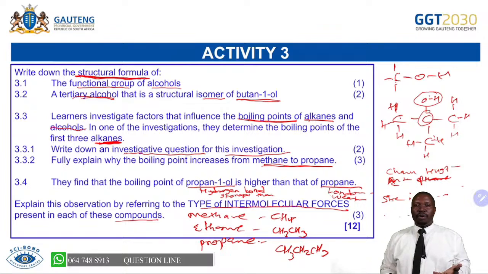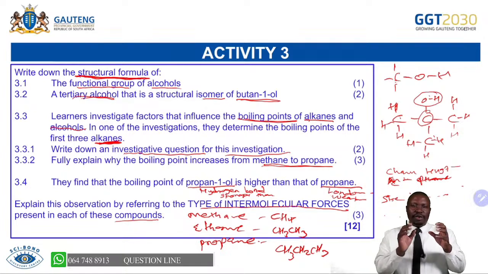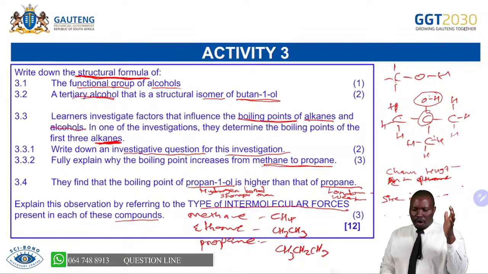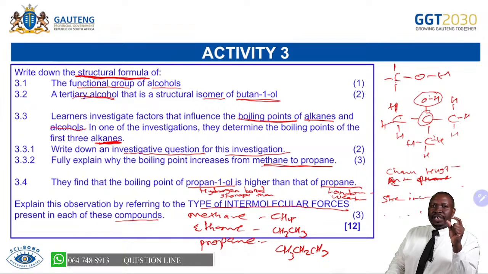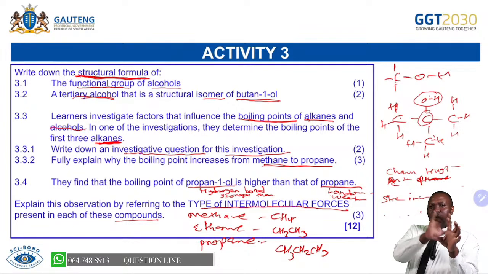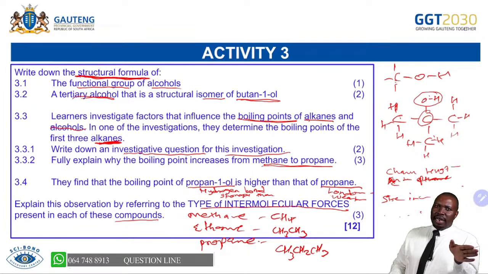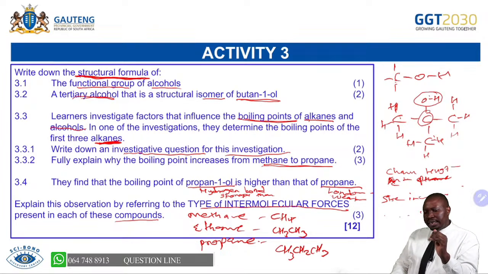So you can talk about propan-1-ol or you can talk about propane, whichever you choose. If you are talking about propan-1-ol, in terms of the intermolecular force, you will tell us about both homologous series, which is propan-1-ol and propane. So propan-1-ol has hydrogen bond. Propane has London force.